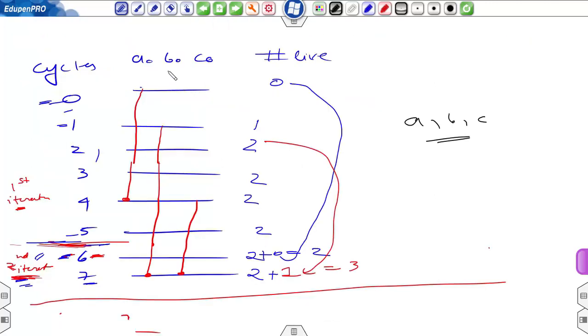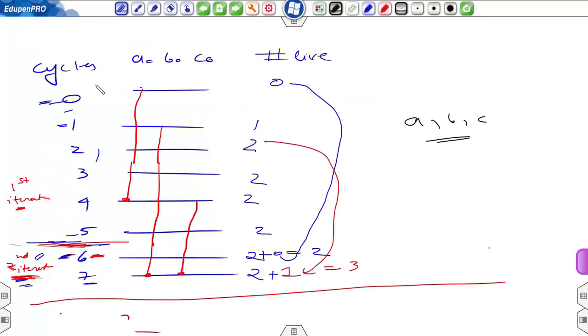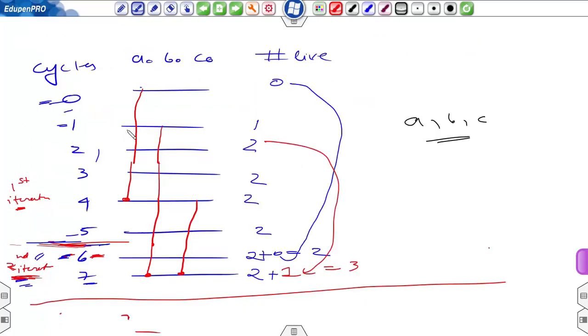So starting with variable A, it is produced at the 0th interval. The first column is representing the number of cycles, starting from 0 to 7. So A is produced at the 0th interval, and we have to input A at the 0th interval, and B is produced at the first interval.